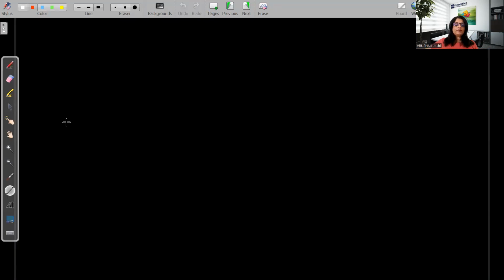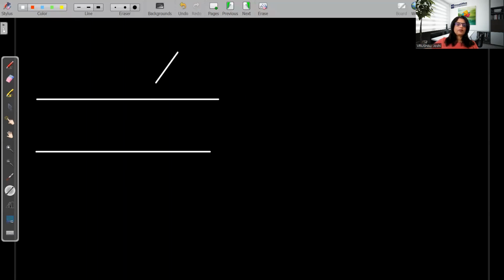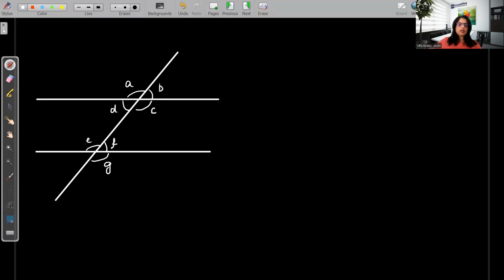Okay. So let's take this line and this line, some properties of parallel lines we will see. Say this is angle A, as I said, this is angle B, this is angle C, and this is angle D. Then let's take this angle E, angle F, this is angle G, and this is angle H. So when a transversal intersects two parallel lines, how many angles will it form?